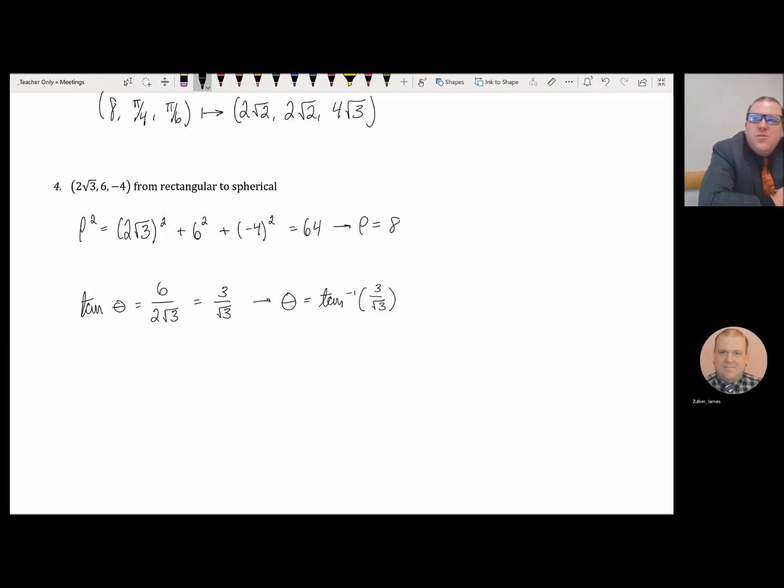What is the inverse tangent of 3 over root 3? Pi over 6? Pi over 3.